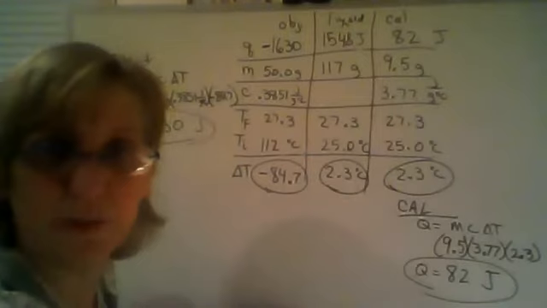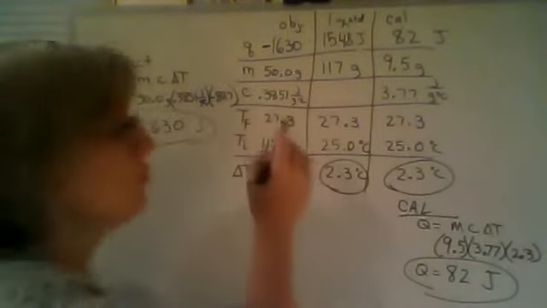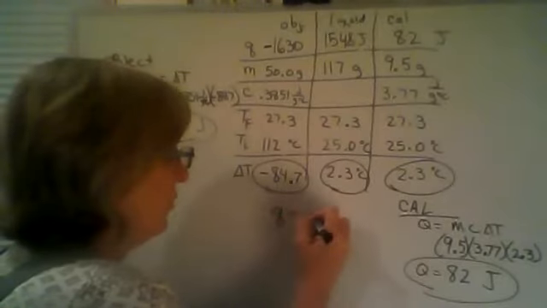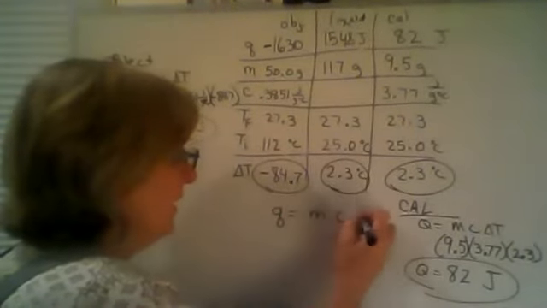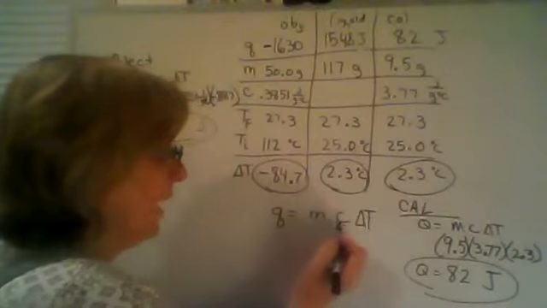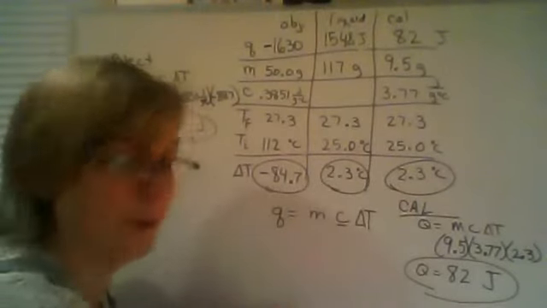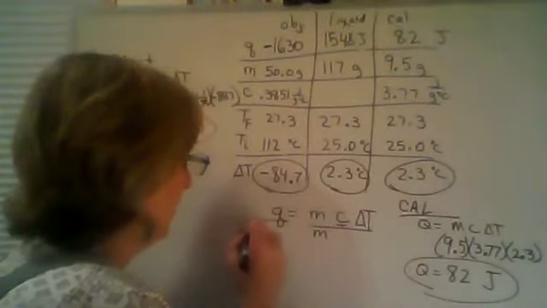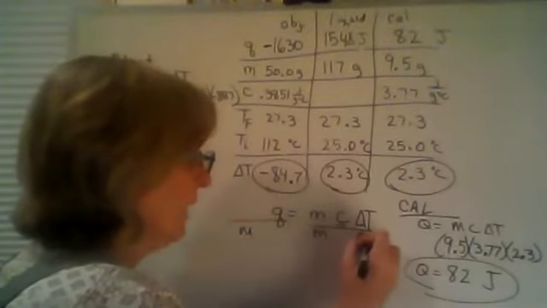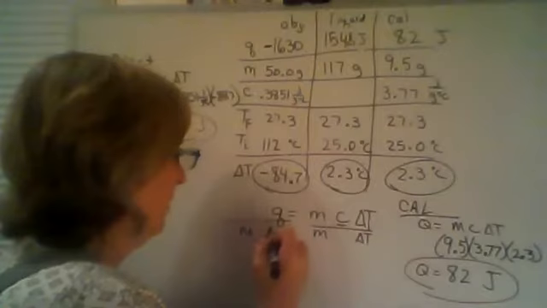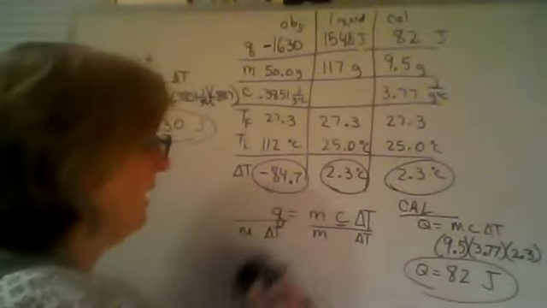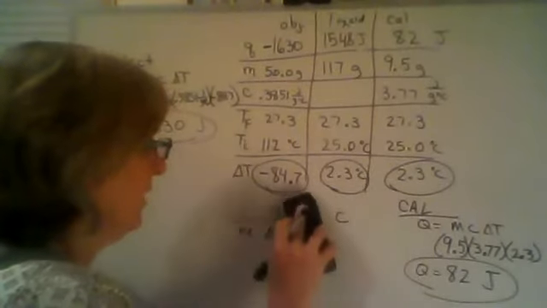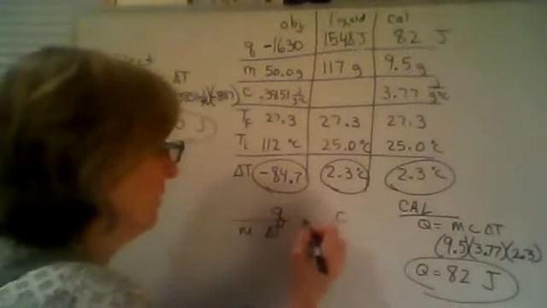The only difference this time through is we're trying to find C. So if I take Q equals MC delta T, and I want C by itself, I'm going to divide by mass, divide by delta T, and these go away, leaving us with this.